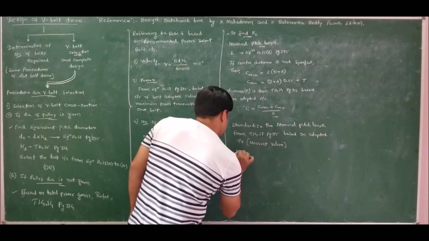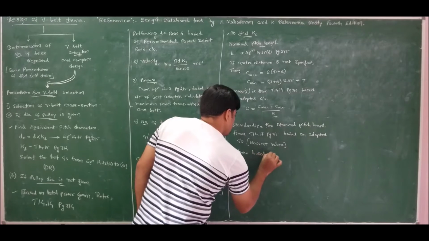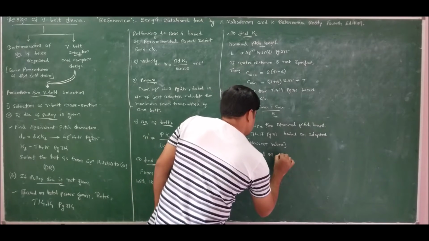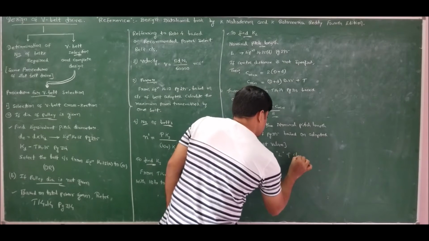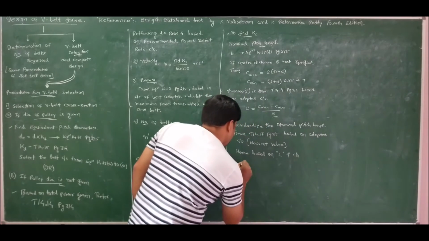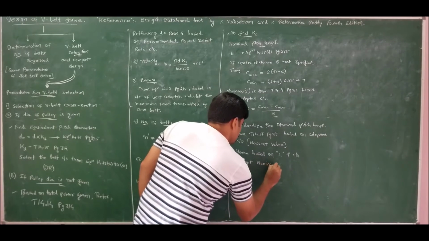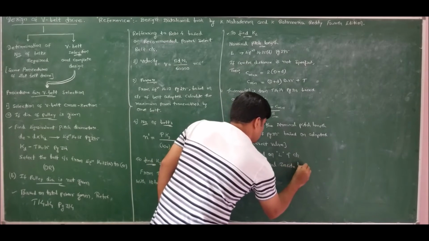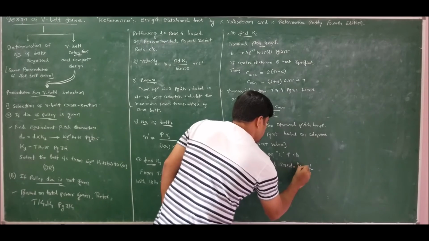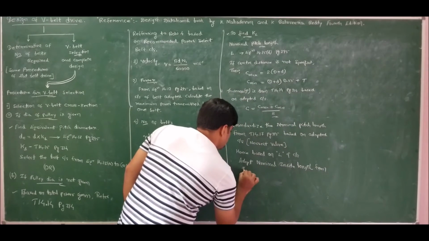Hence, based on L that you have adopted and cross section, adopt nominal inside length from the same table.